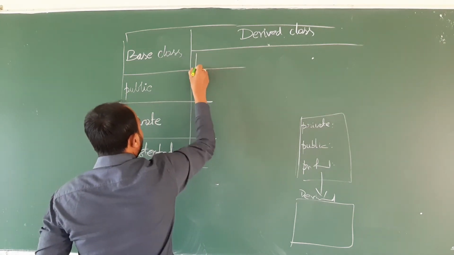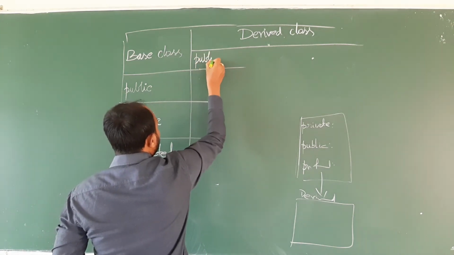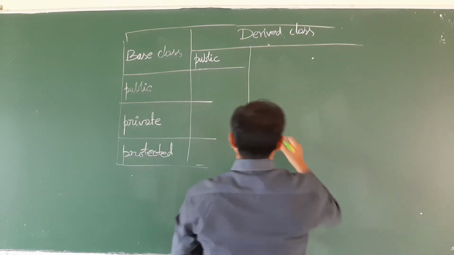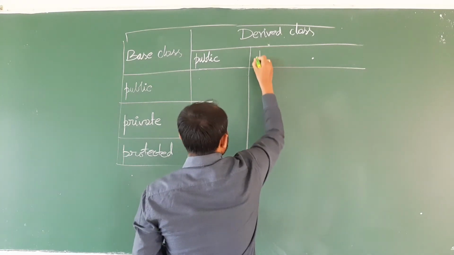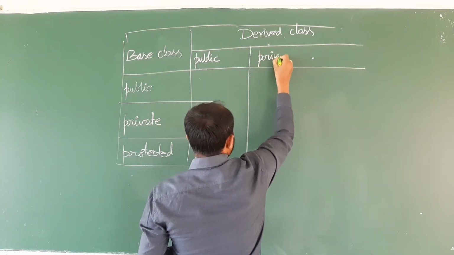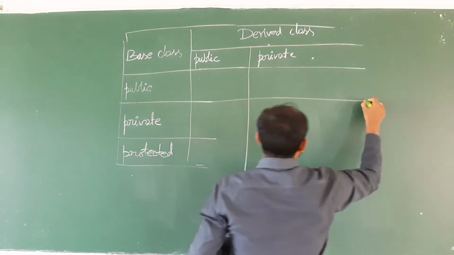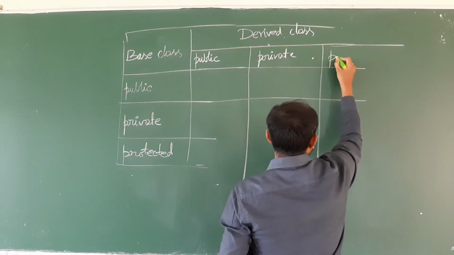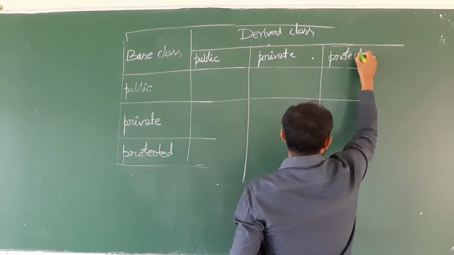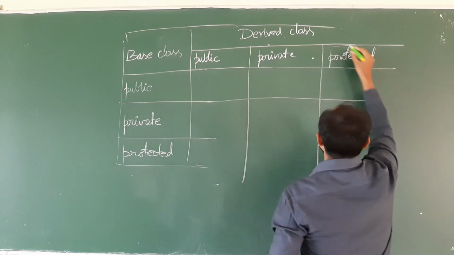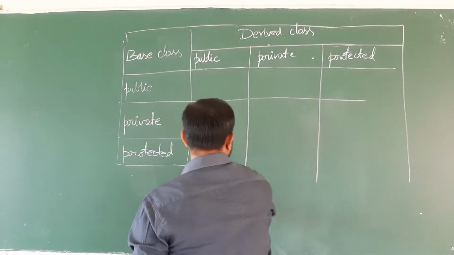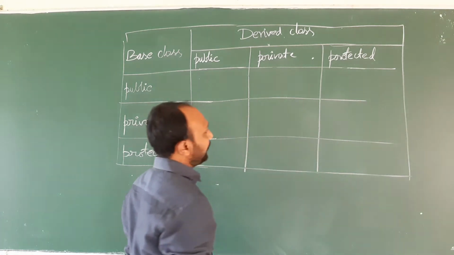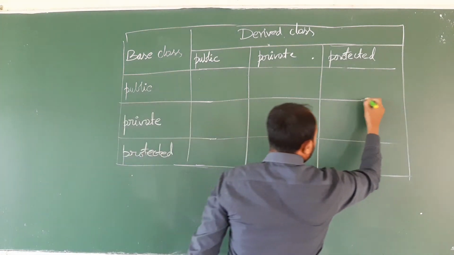It can be derived publicly, it can be inherited privately, or it can be inherited in a protected way. These are the three different ways of inheriting the data members of the base class.